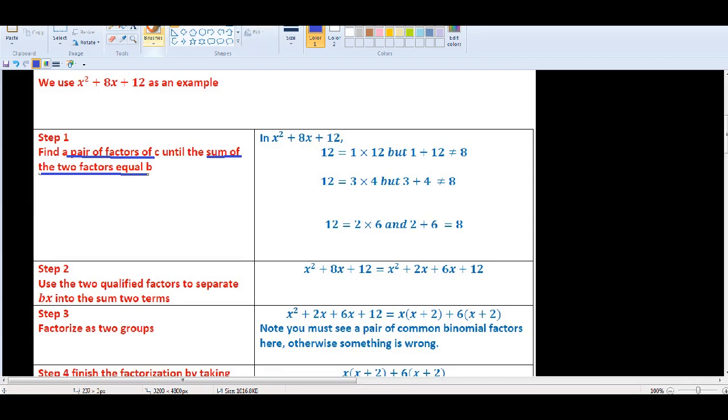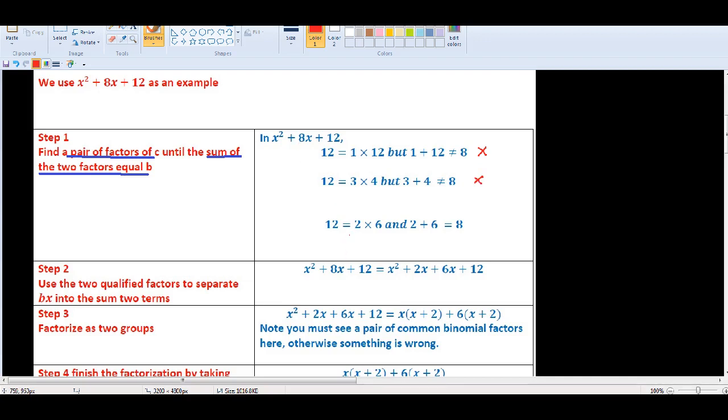So the first choice is wrong. The second one, for 12, we could think about 3 times 4. But that's not enough. You need to check whether 3 plus 4 is 8. 3 plus 4 is 7, which is very close to 8, but it isn't 8. So again, this fails.